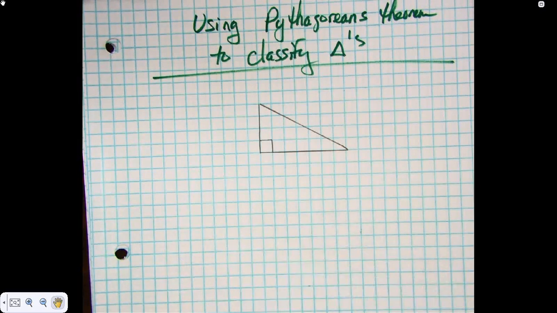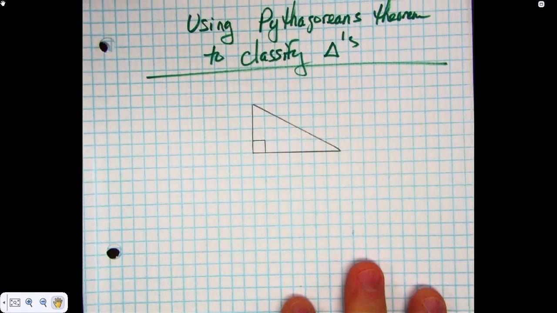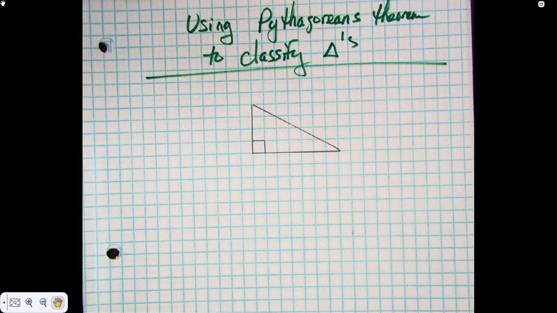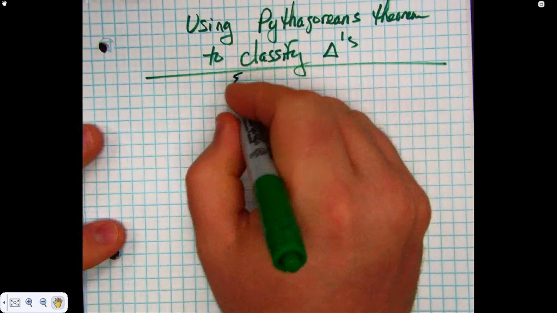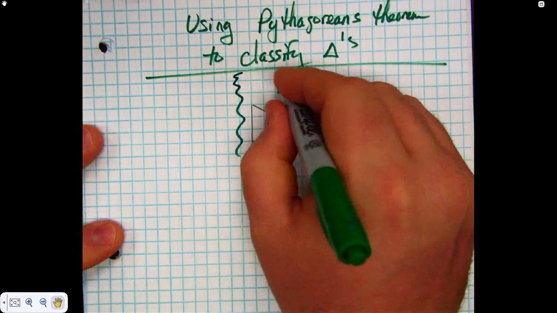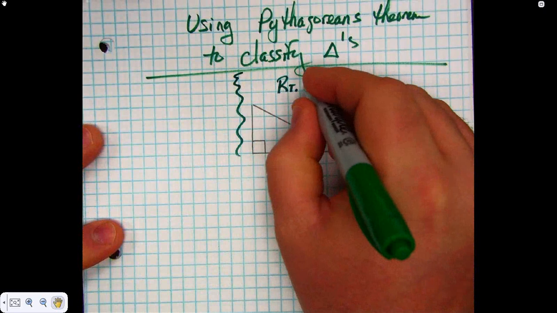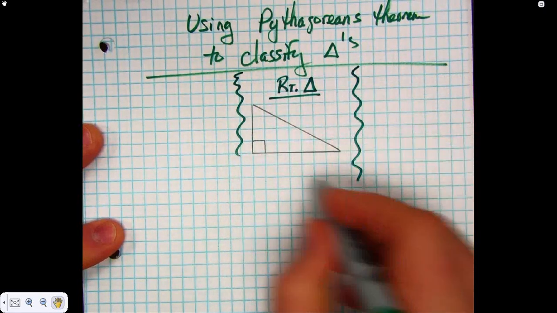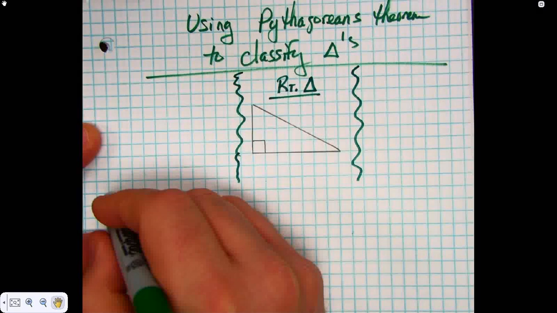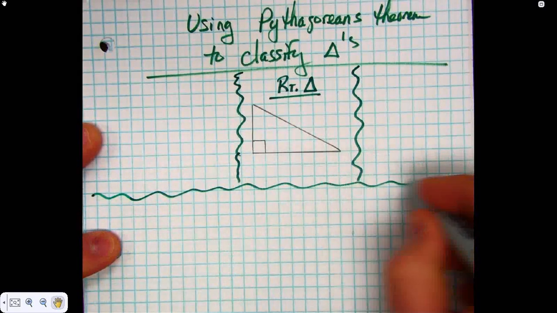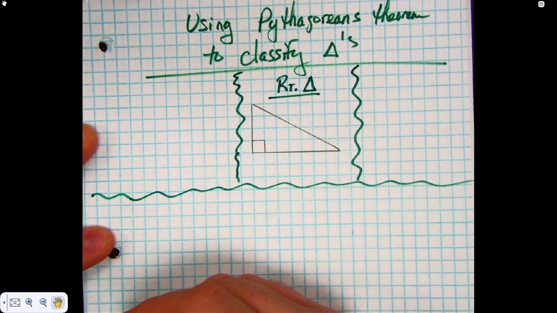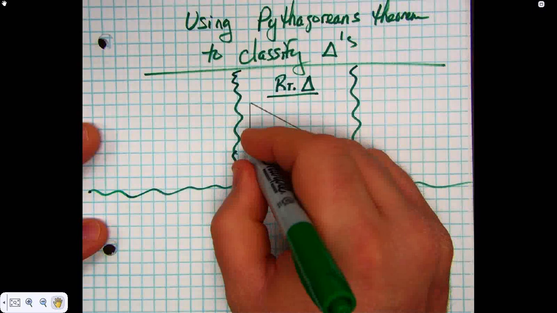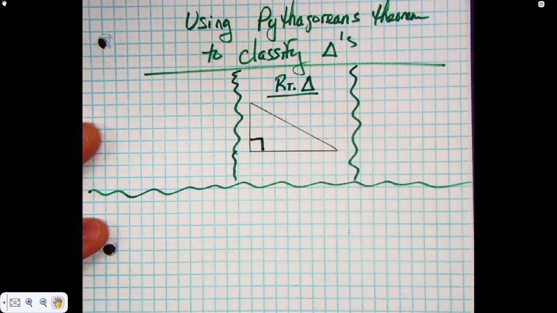Okay. Can anyone tell me what type of triangle I just drew? Now, you're not writing this down, you're listening. This is a right triangle. What do we know is true about right triangles? Has a 90-degree angle, sure, right there. All right.